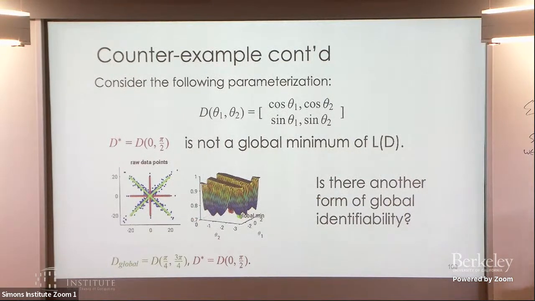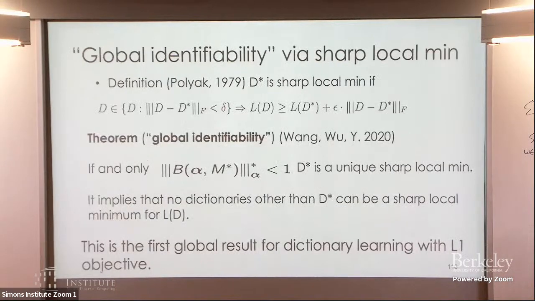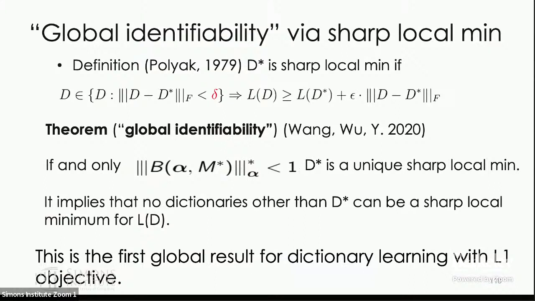So this is the case where, if you want to do this problem, you cannot stay with the global minimum. So we end up borrowing an old concept, at least from the 70s, called the sharp global minimum from optimization, defined in that way. You lower bound with the Frobenius norm, with just a little bit of padding and not the square. Then it's called the sharp local minimum.